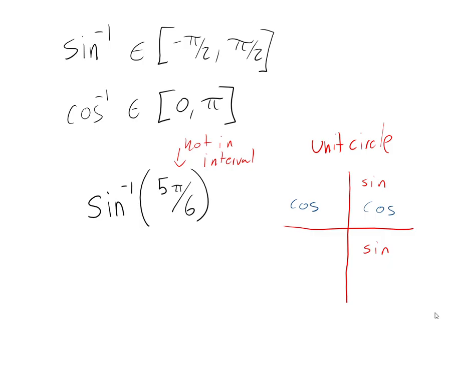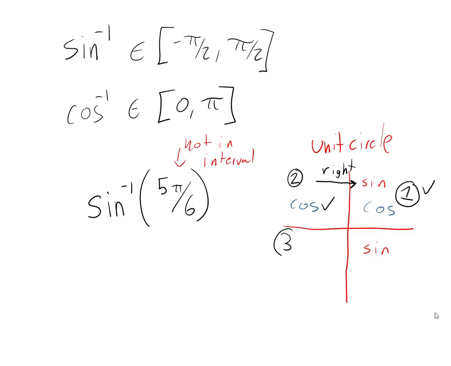So, anytime that you're in one of these quadrants, so let's say quadrant 1, you're good. The sine inverse and the cosine inverse are all defined on that interval. If you're in quadrant 2, the cosine is good, but for the sine we're going to have to translate it back to quadrant 1.